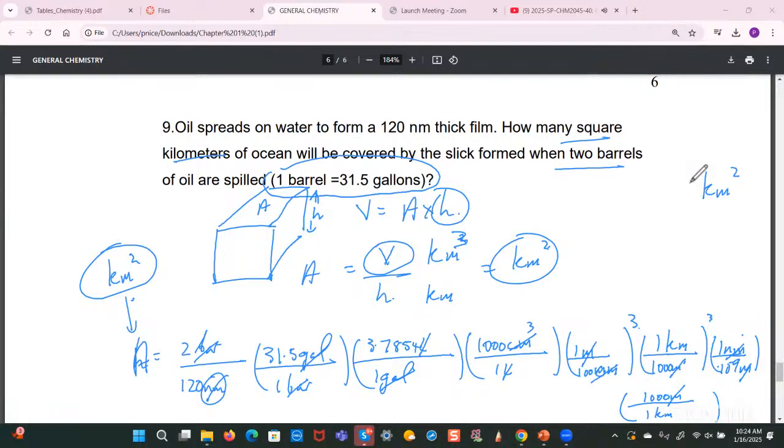2 divided by 120 times 31.5 times 3.7854 times 1,000. Is it 1,000 cubed?